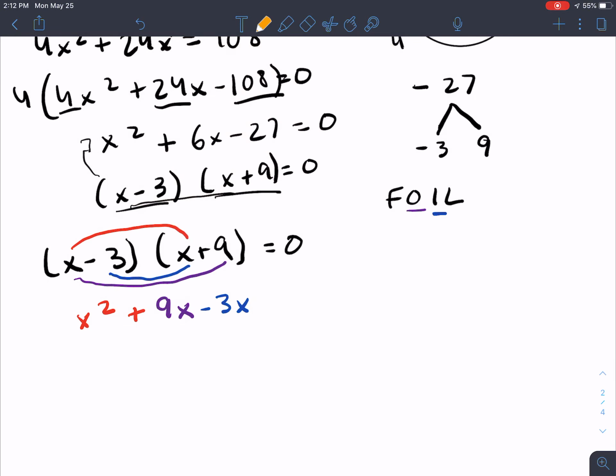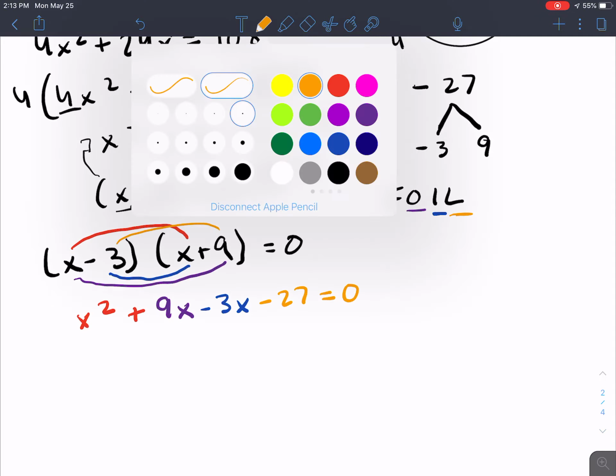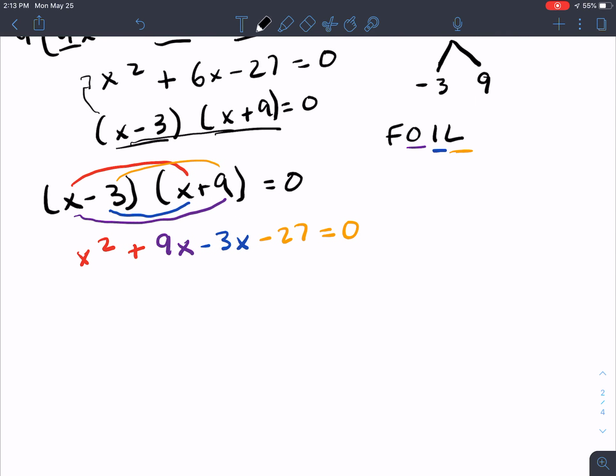And then the last would be negative 3 times 9. That's minus 27 is equal to 0. So now it would be x squared. 9 minus 3 is 6x.